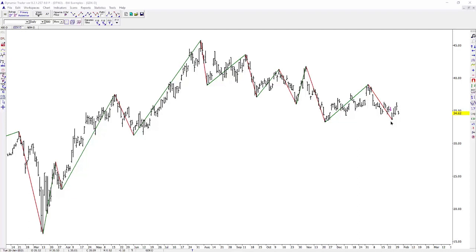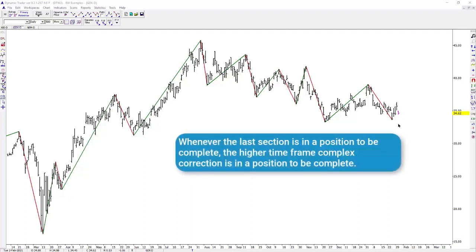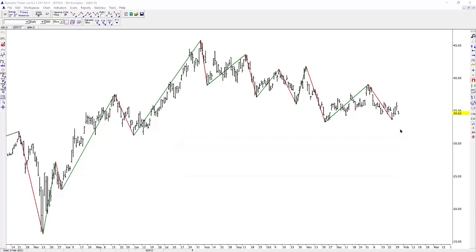So our objective now is to identify when this last section down is in a position to be complete, because that means it's in a position to complete this entire correction. So that's when we want to focus on this last section down and how it subdivides, and when it gets in that position to make a low.